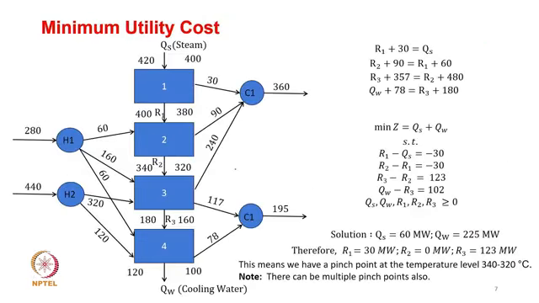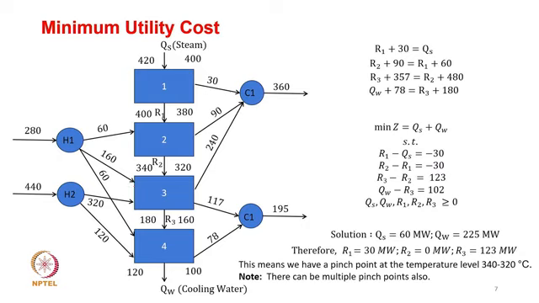So if you see over here, R3 plus 117 plus 240, which will be 357, again coming inside as R2, and you have 2 connections from hot, 160 and 320, that will be 480.